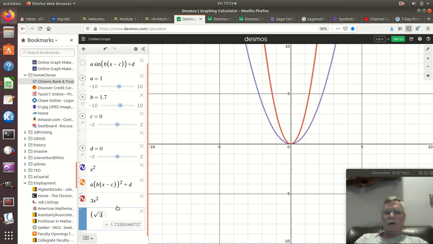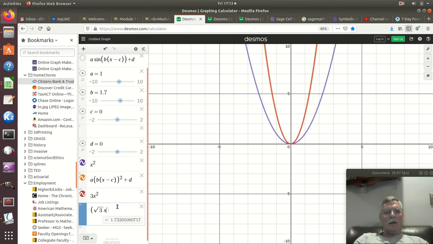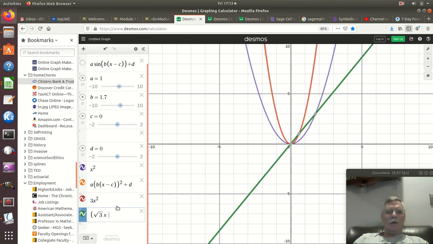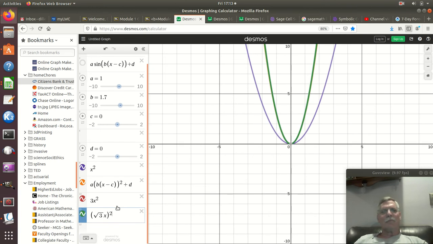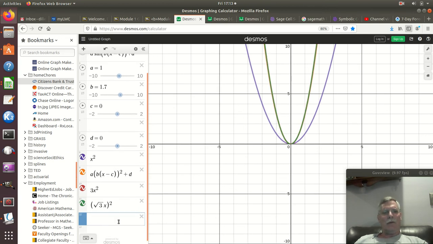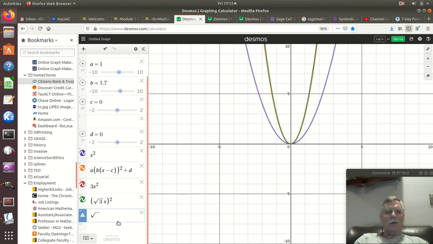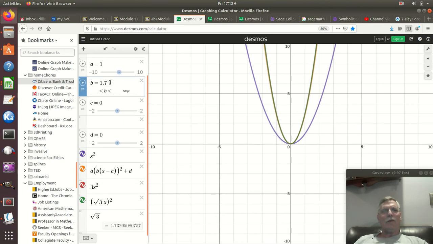Square root of 3, get this outside the square root, x, close that parenthesis, and then say squared, and that green one, oh, it's right there. And if you look here at what the square root of 3 is, so I'll come down here and say, what is the square root of 3? It's 1.73. And so this 1.7 was pretty close.